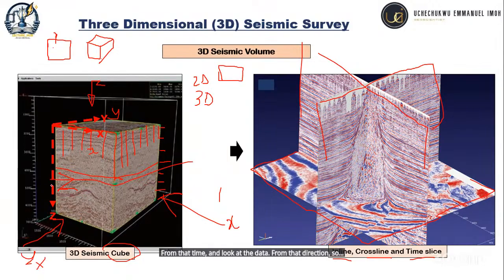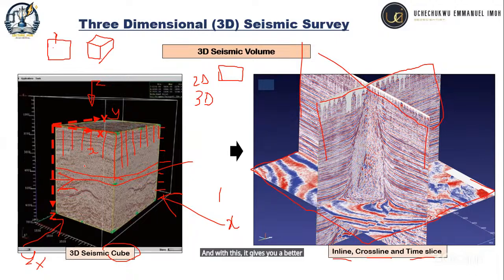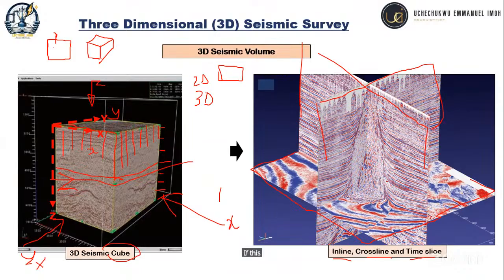So that is it for our 3D seismic volume. And with this, it gives you a better image of the subsurface, okay? Because when you look at a particular inline, you see the structures that are within the data. For instance, if this is your inline, you can look at it and you see maybe your fault is here.